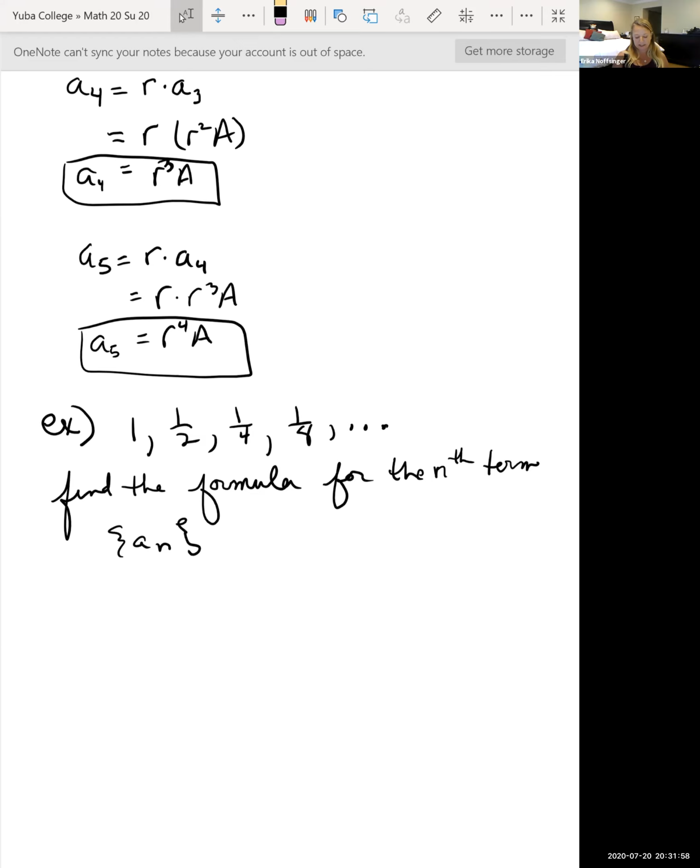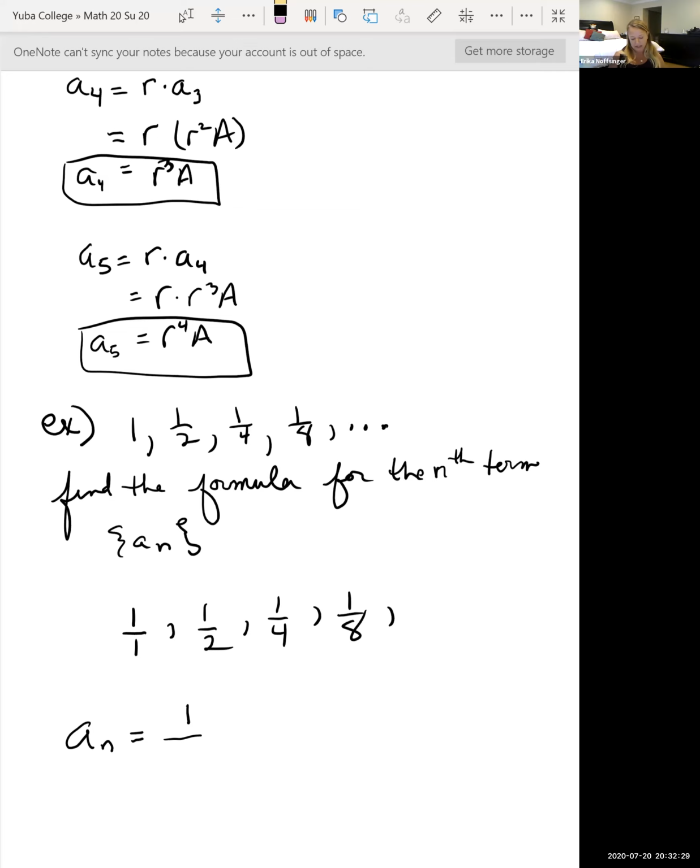Maybe it would help if you rewrote that first term as a fraction, which is the same thing as 1/1. We have 1/2, 1/4, 1/8. So I notice that I always have 1 in my numerator. You just need to play around with this, come up with something that you think would work, and then you always have to go back and check to make sure that what you found was right.